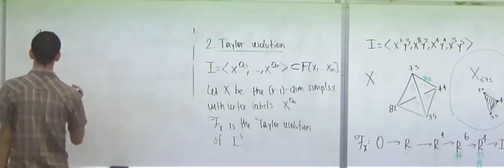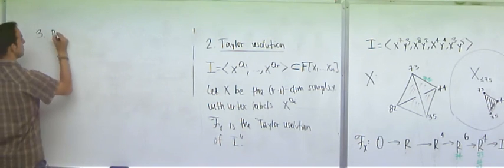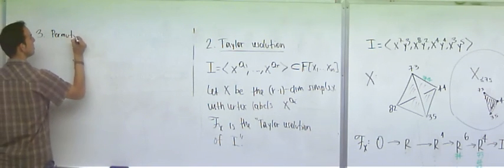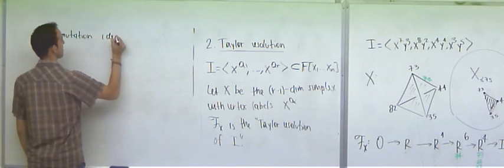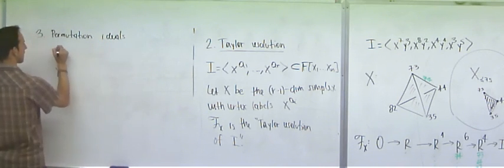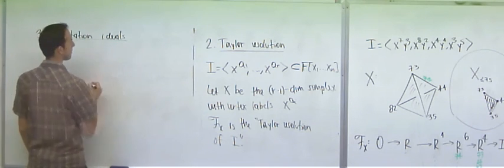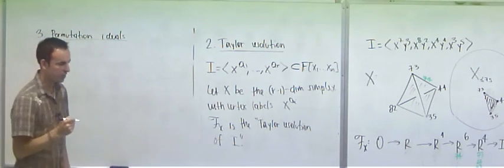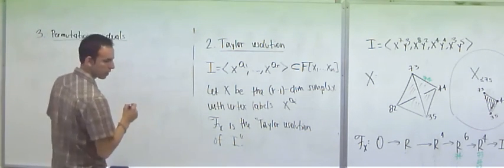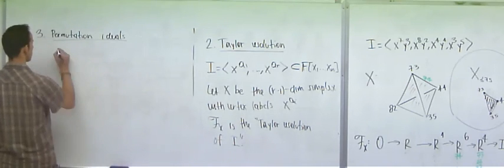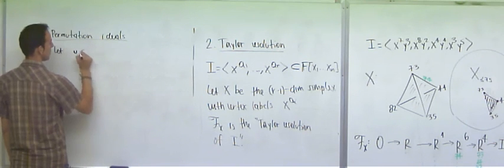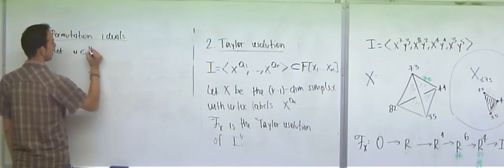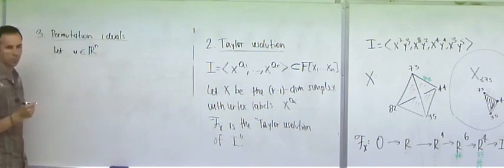And this is something called a permutation ideal. Already from the name, you can tell that this is going to be a pretty combinatorial thing. So for example, we start with some vector in R^n.